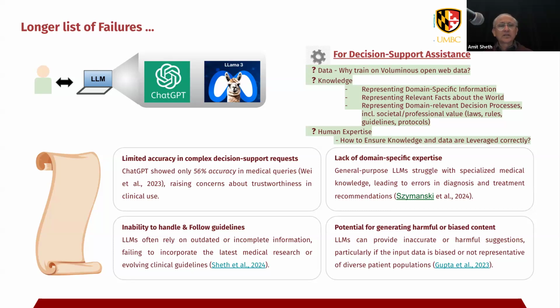Another very important thing is the inability to handle and follow guidelines. A human, such as a clinician, is required to follow medical practice guidelines or clinical practice guidelines. There is a clinical practice guideline for cardiovascular disease management, for asthma management, for virtually any type of disease, right?